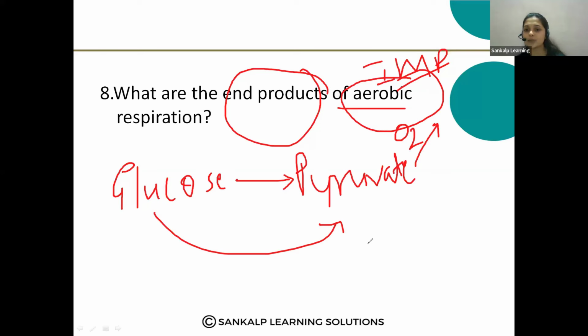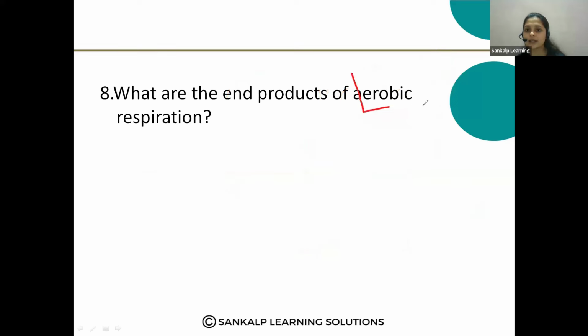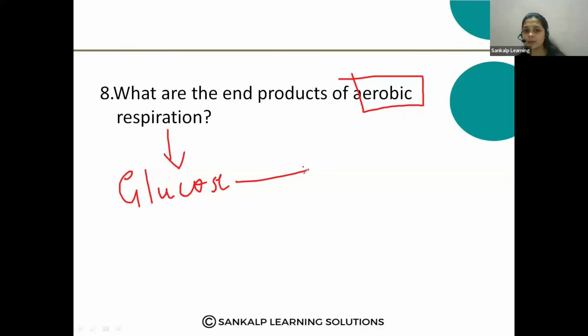So aerobic respiration produces what? Carbon dioxide, water, and energy. First of all, you should know what aerobic respiration is. Aerobic respiration means glucose breaks down and releases energy in the presence of oxygen.